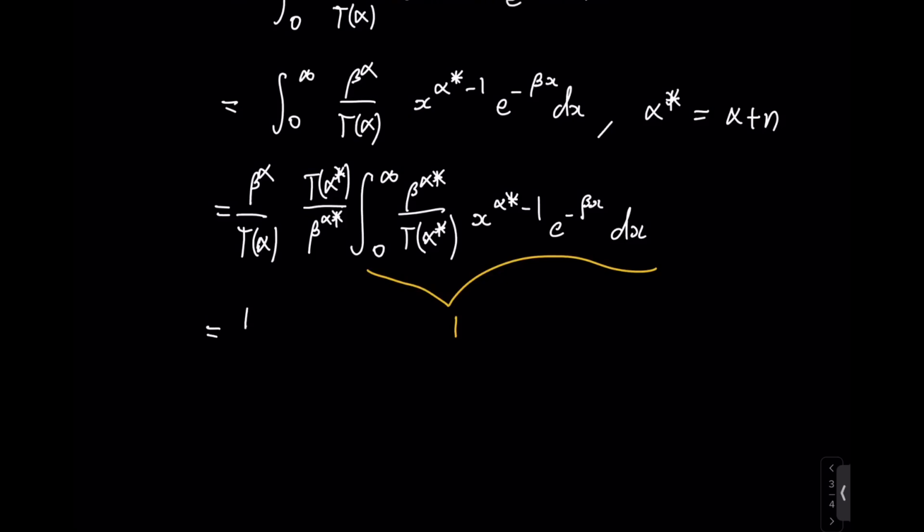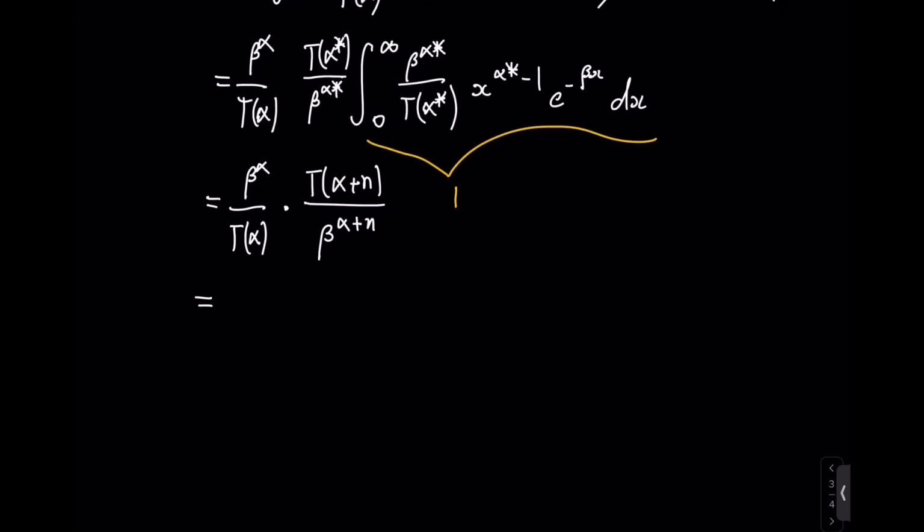So then we're left with beta to the alpha over gamma of alpha multiplied by, using the substitution of our alpha star, gamma of alpha plus n over beta to the alpha plus n. After some simplification, we know that the beta to the alpha here will cancel with the beta to the alpha here, and we'll be left with beta to the power of n out the front.